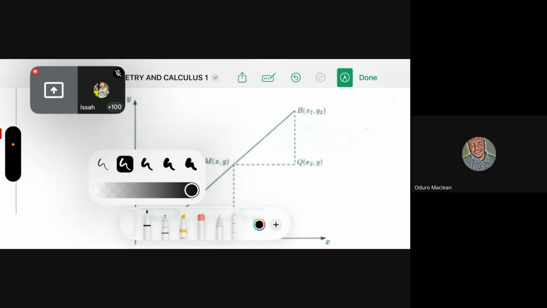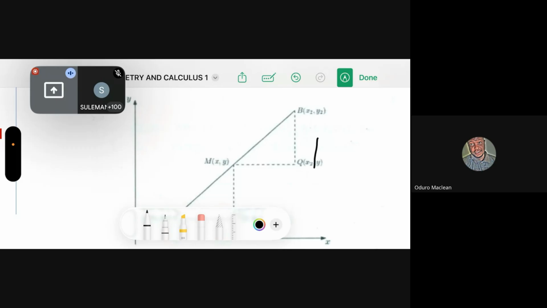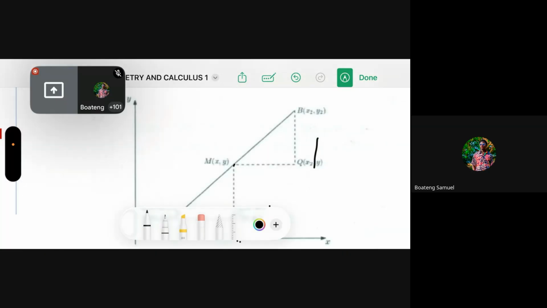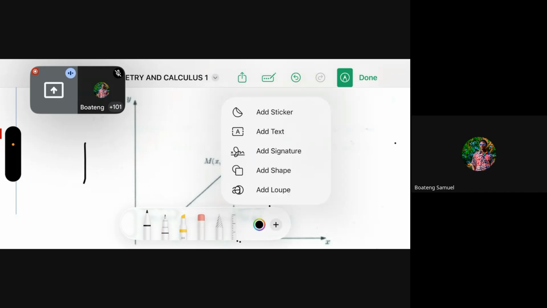Okay, so when I draw it down to the x-axis, you see that the point, can you also see that marker thing? It should go, it's not going. No, madam. This marker should go. There's a marker on my screen, it's not going.